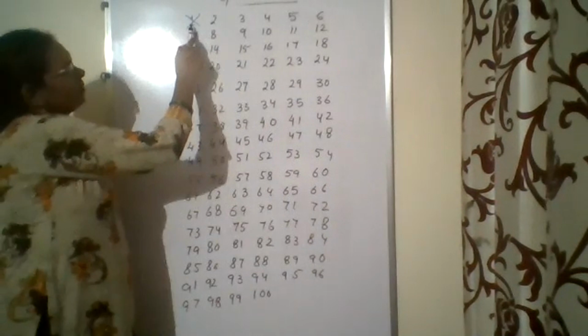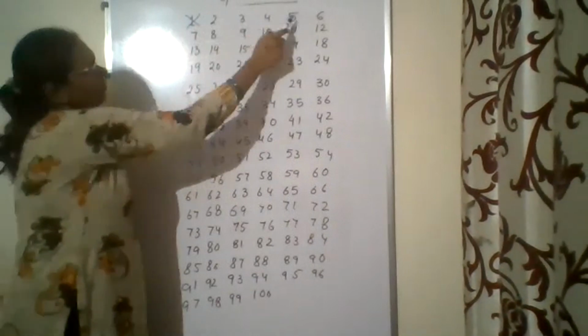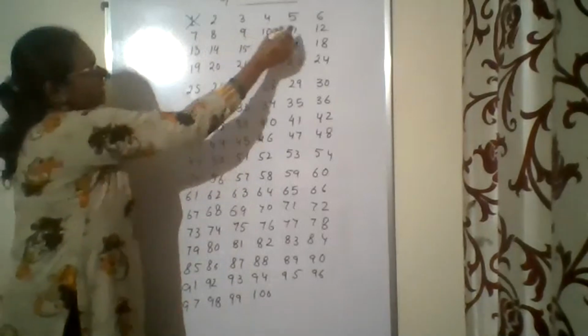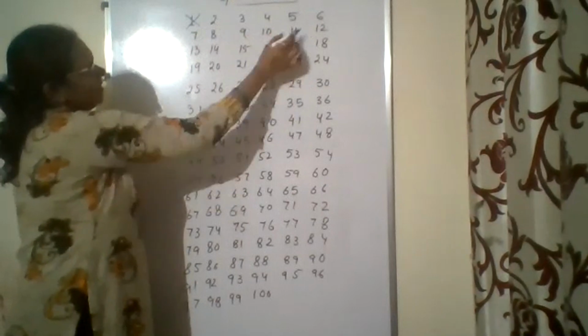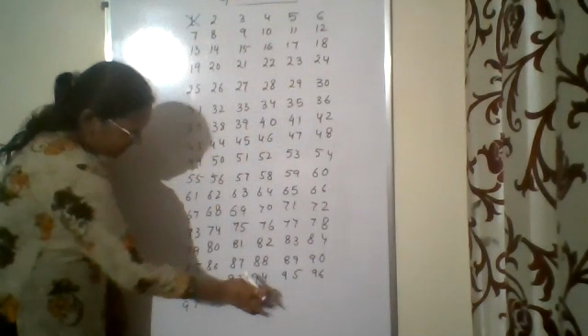So the first step is that you write down the numbers 1, 2, 3, 4, 5, 6, and then 7, 8, 9, 10, 11, 12. So 1 to 6 here, and in continuation below that keep on writing the numbers in 6 columns: 1, 2, 3, 4, 5, 6, 7, 8, 9, 10, 11, 12, 13, 14, and so on till 100.